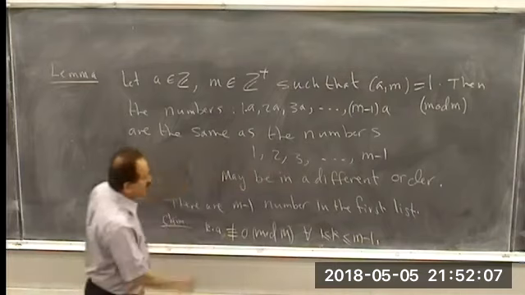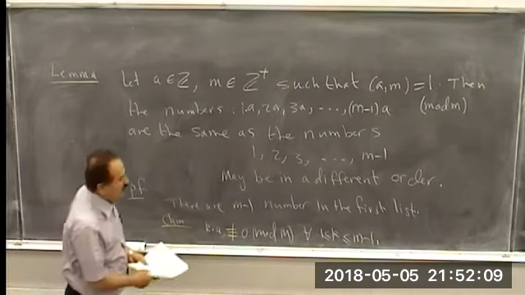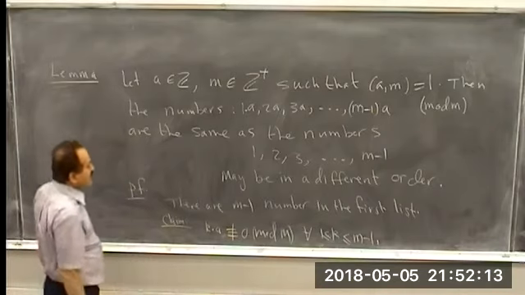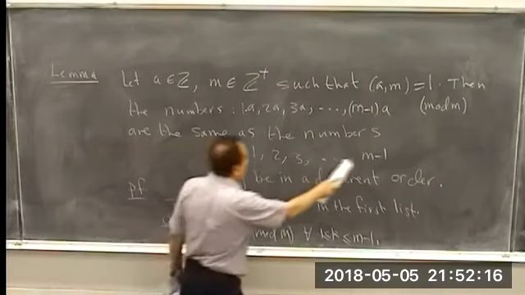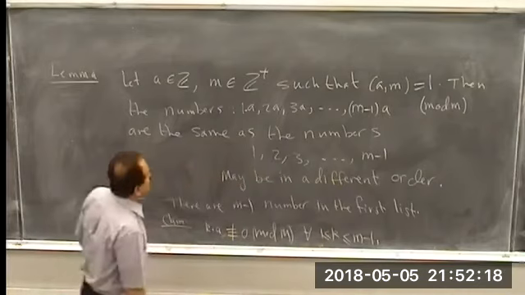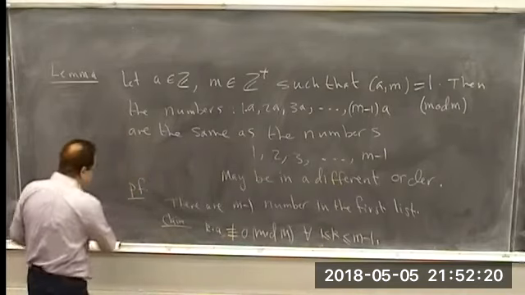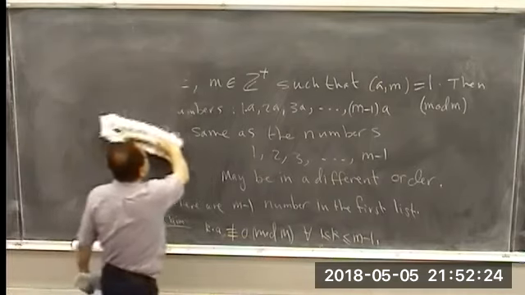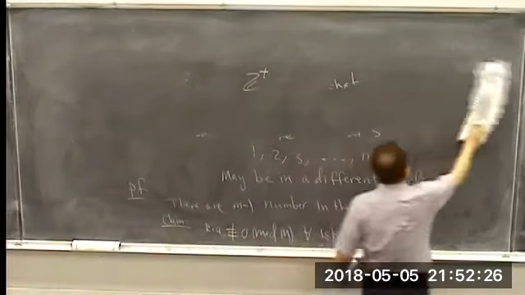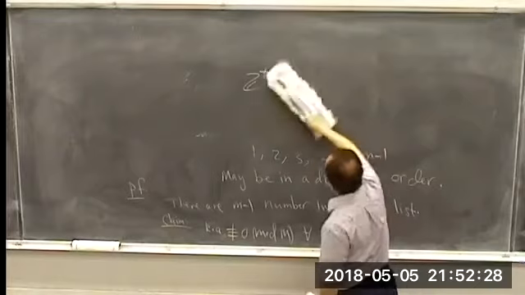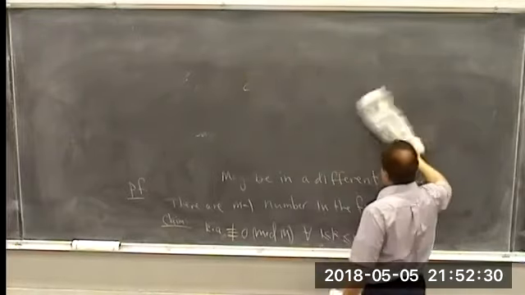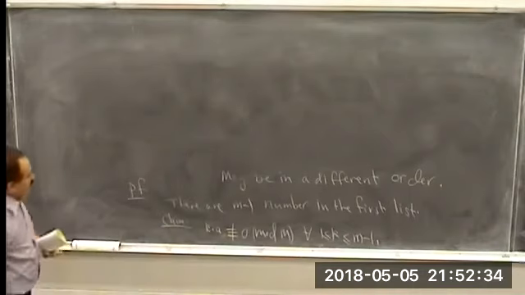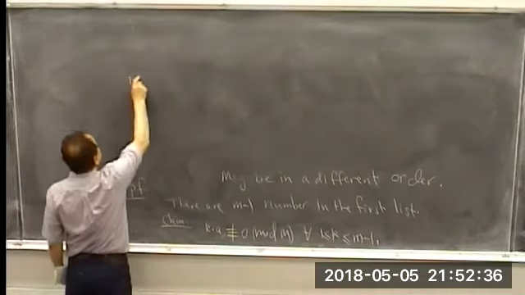If none of them is congruent to 0, then they will be congruent to those in the other list. We just need to prove that they are distinct. So let's assume this is congruent to 0. We can prove this claim by contradiction.